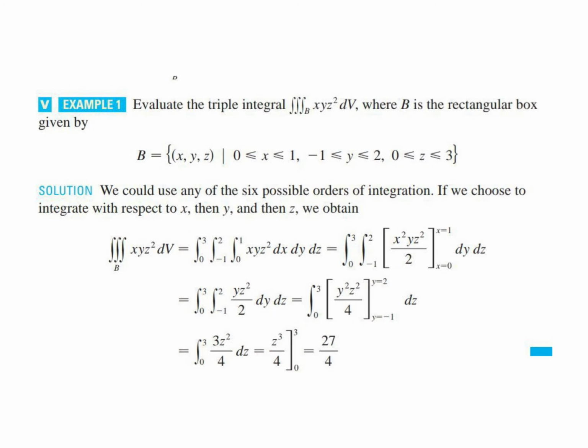Okay, now let's look at example 1. Evaluate the triple integral of x y z square dV where B is the rectangular box given by these limits. We can use any of the 6 possible orders of integration. That means we can integrate with respect to x first, then y and then z, or y first, z first and then x, or z first, then y, then x, and so on.